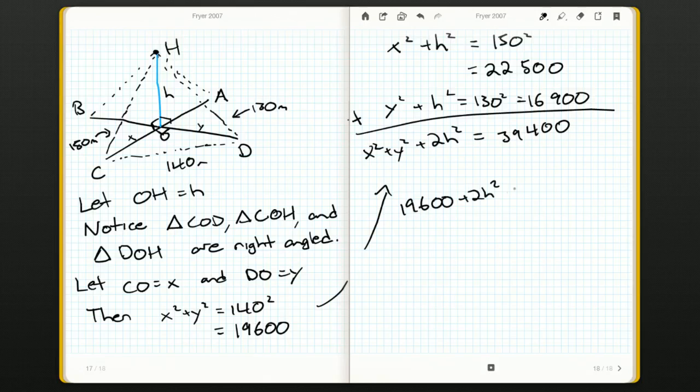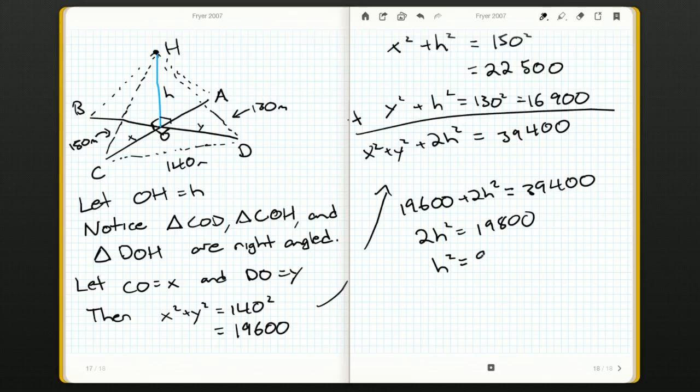So 19600 plus 2h squared is 39400. So 2h squared is 39400 minus 19600. That's going to be 19800. That means h squared, we divide by 2.